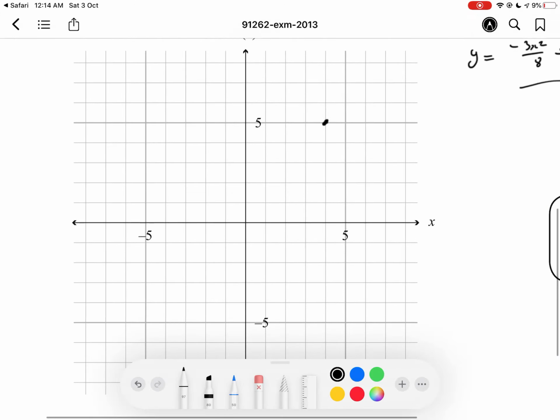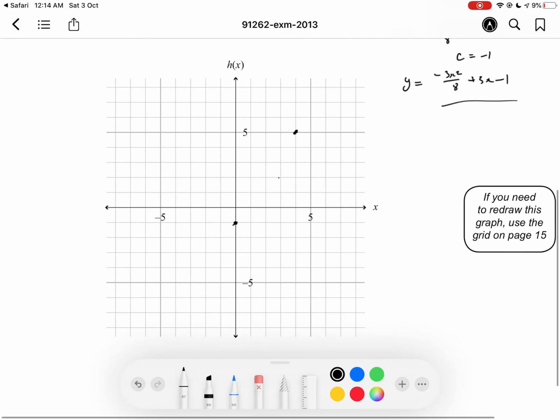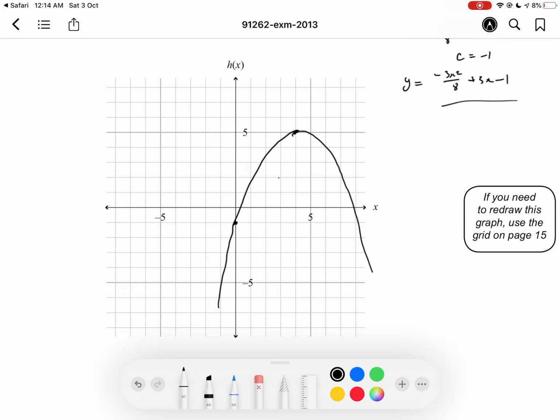We should see that the intersection with the y-axis is at 0, negative 1, and therefore we should be able to draw this parabola. It does look something like this. Right, so that's our parabola.